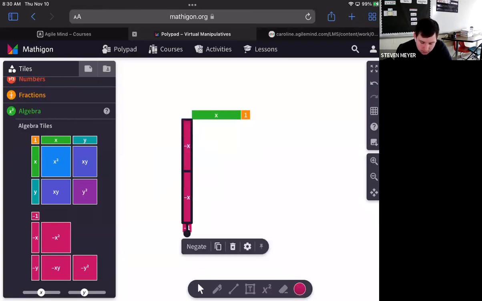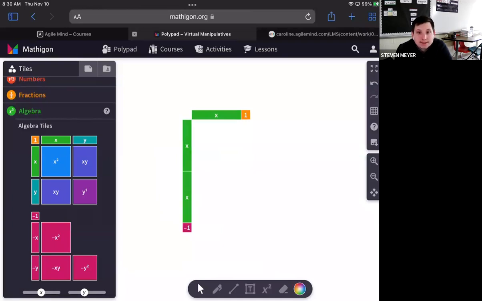So these need to be positive. Minus 3 times x plus 1. So x plus 1 is on the top. 2 x's and 3 negative 1s are on the left side.